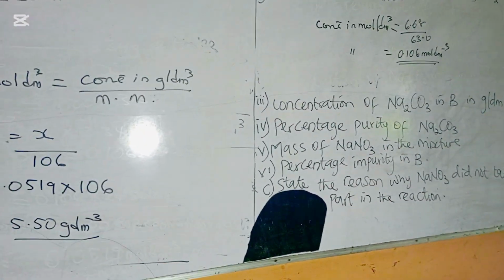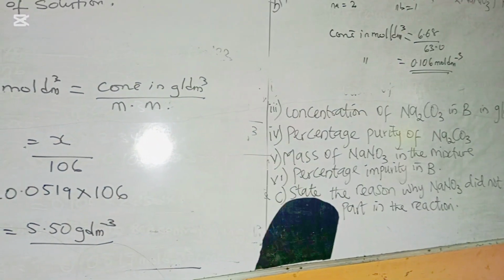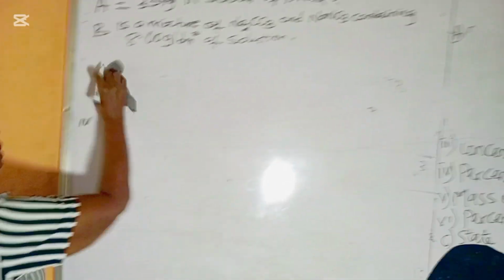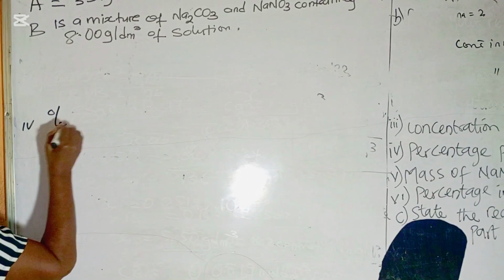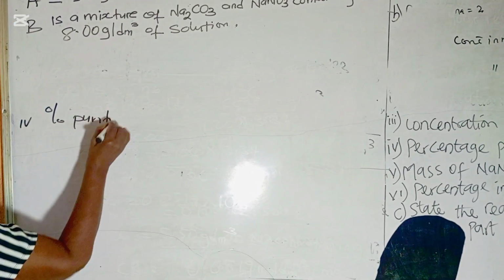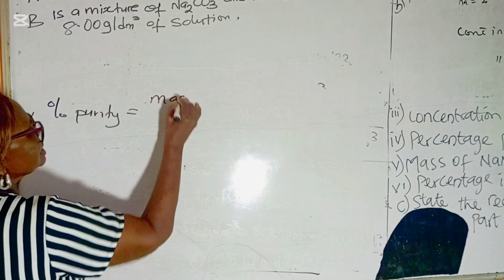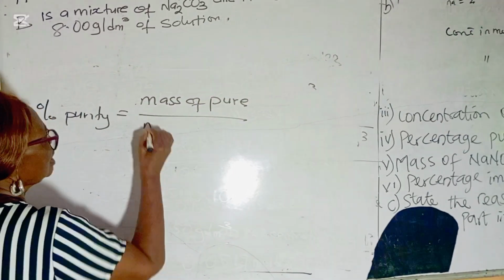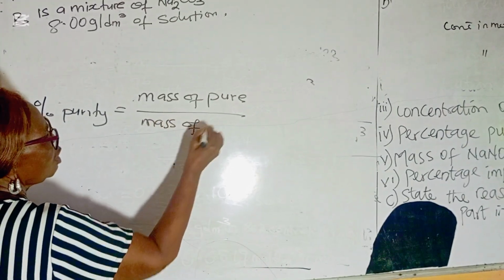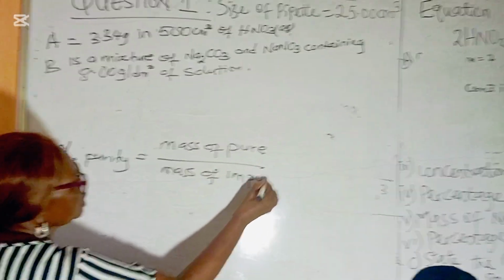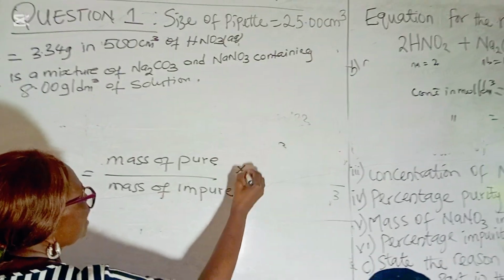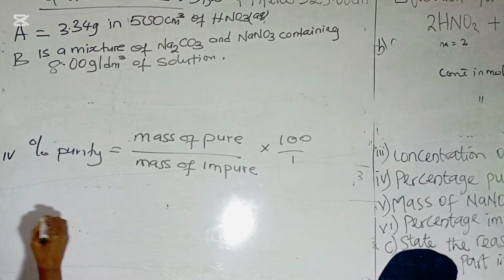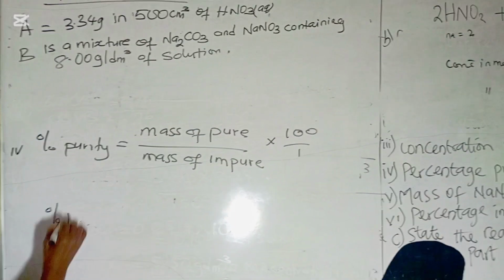Next question says percentage purity of Na2CO3 in B. So we're going to find the percentage purity of the base in the mixture. Percentage purity equals mass of pure over mass of impure, the impure is the mixture, times 100 over 1. You substitute.